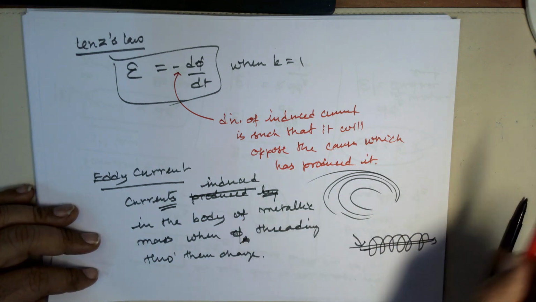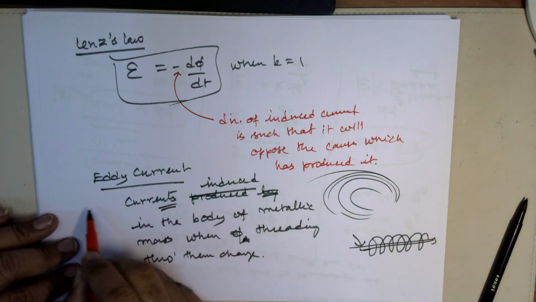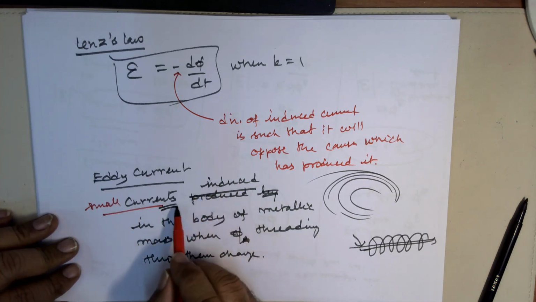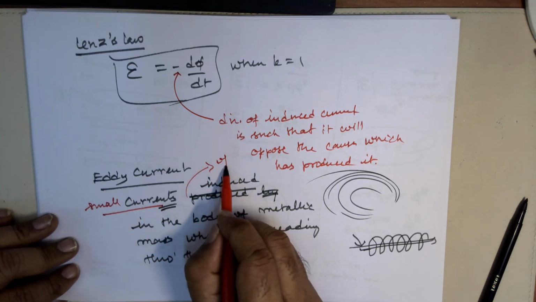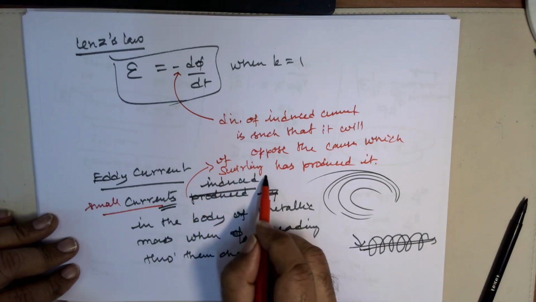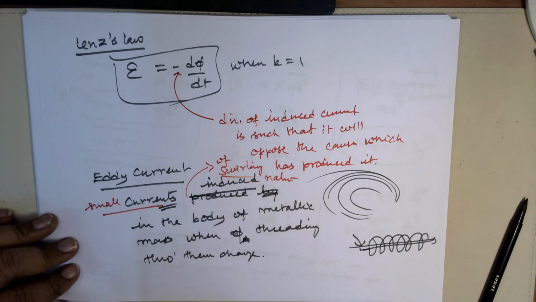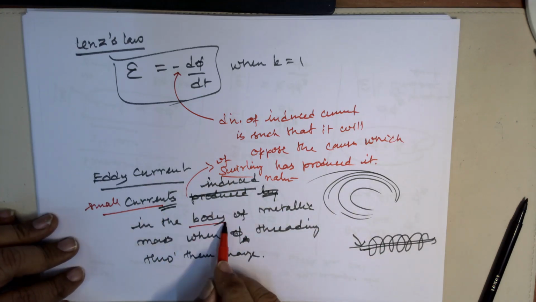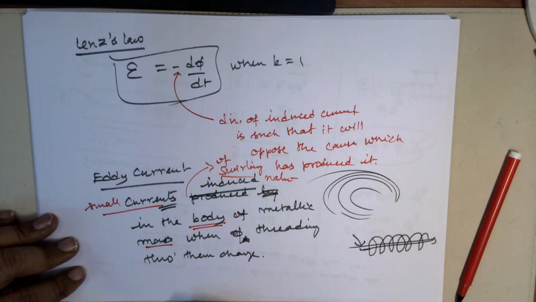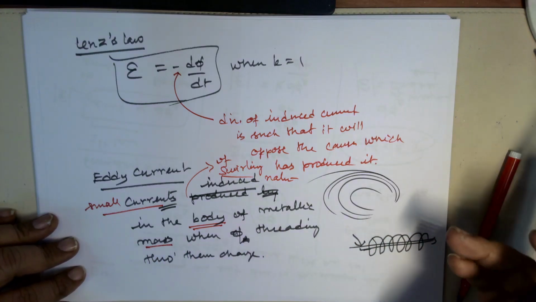So the key word here is small currents of a swirling nature, in the solid body around which the coils are wound.